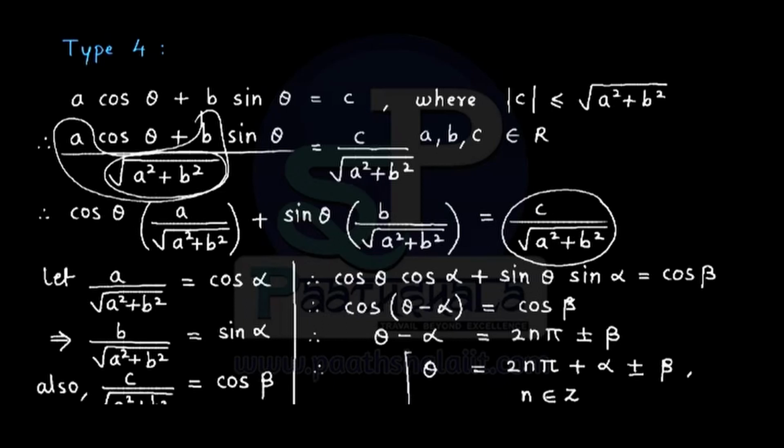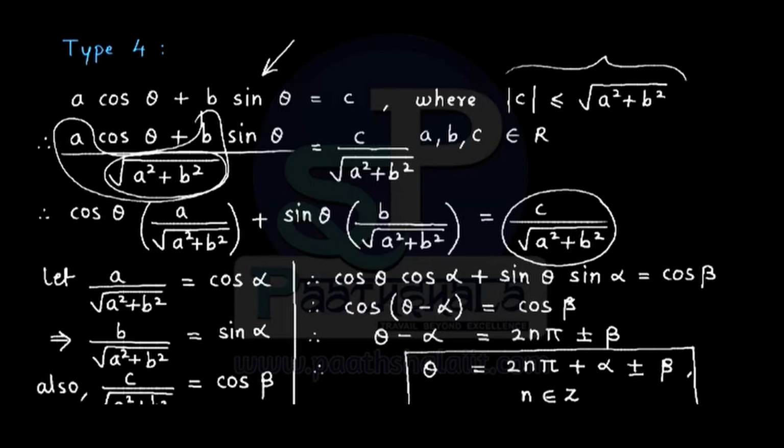So therefore this is the general solution of the given equation a cos theta plus b sin theta equal to c. Now we have to remember that if this particular condition is not met, that is if c is not numerically less than root of a square plus b square, then the solution of this equation does not exist.